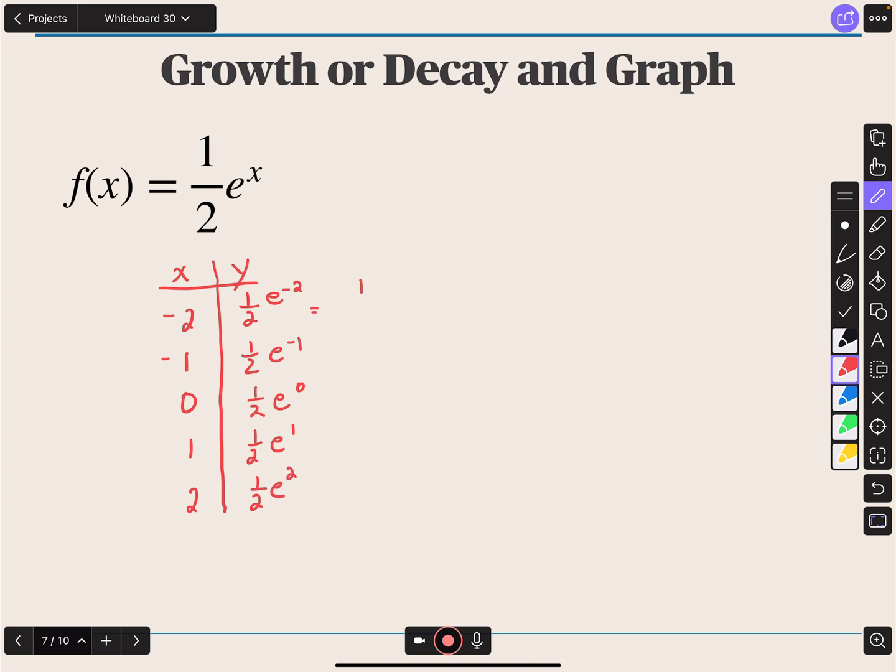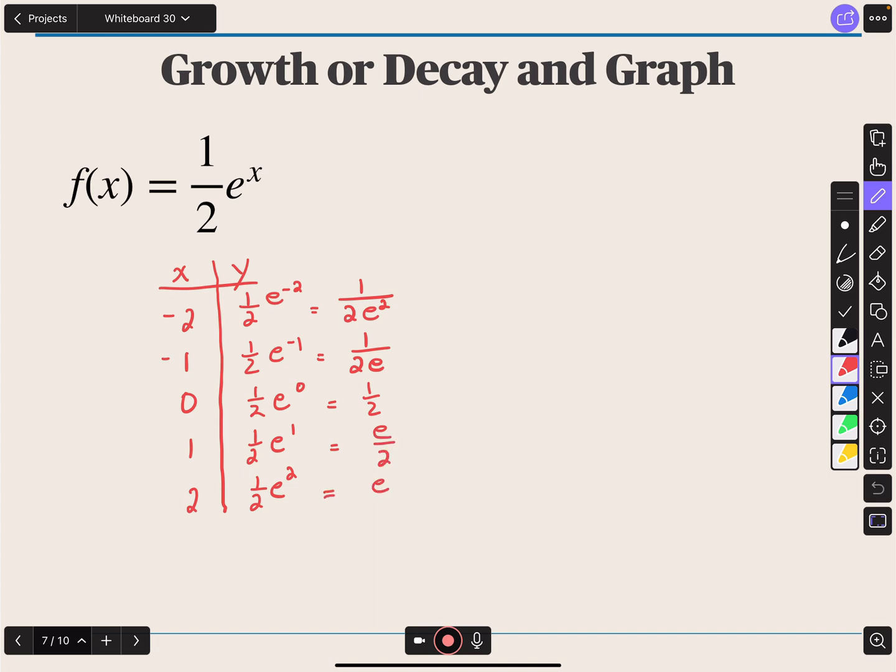So with that negative exponent, that e, the natural number, is going to need to be in the denominator as a positive 2 exponent. This e to the negative 1 will go to the denominator, and it's e to the first. E to the 0 is just 1, so it's just a half. This will be half of e, or e divided by 2.